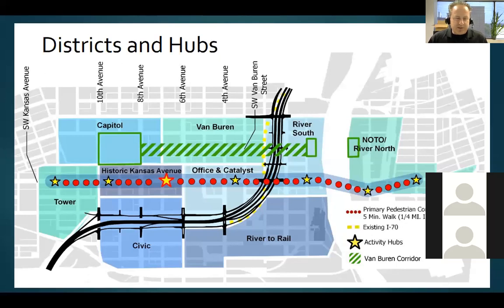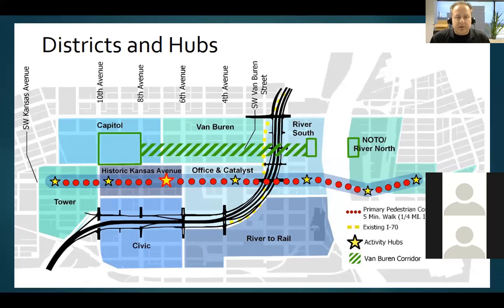So through that process, we created a series of districts within downtown, and these really are complementary districts. They're not meant to be competing. Each one of these districts has its own sort of brand, so to speak, and very different things going on within each district. Kansas Avenue is the spine for downtown.